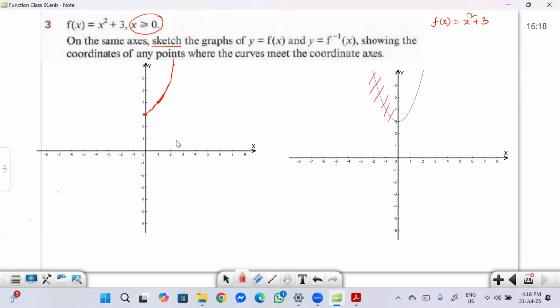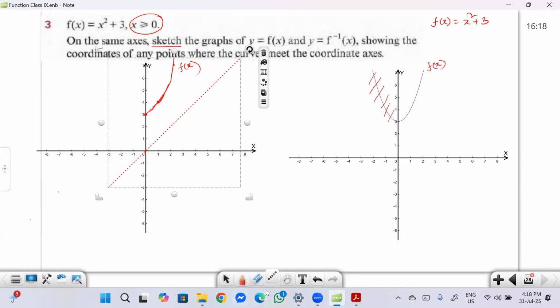Now the second thing that you need to do after you draw f of x is drawing the y equal to x line. That is something we can do very easily with the help of a scale. That should not be an issue for any of you.